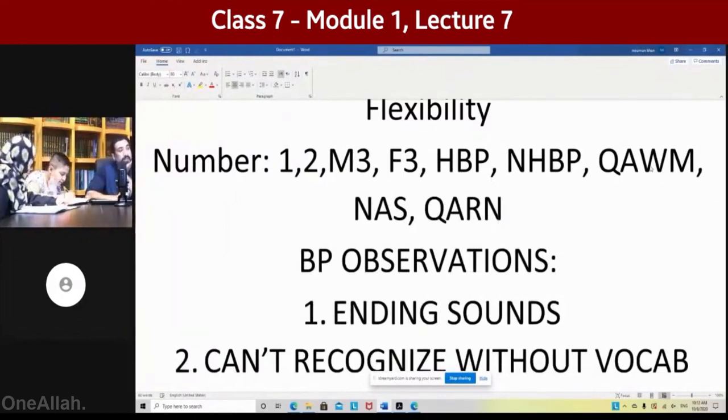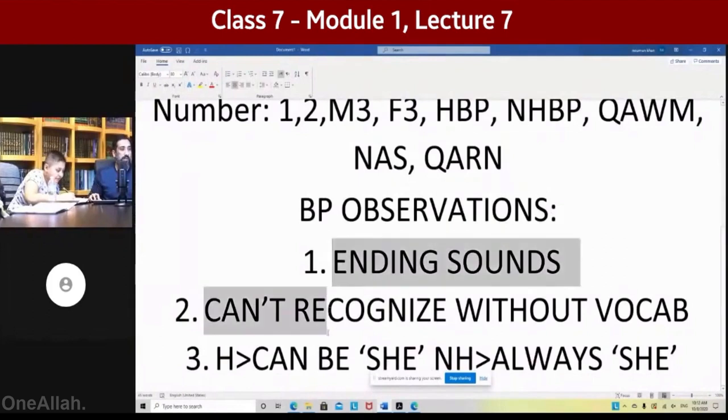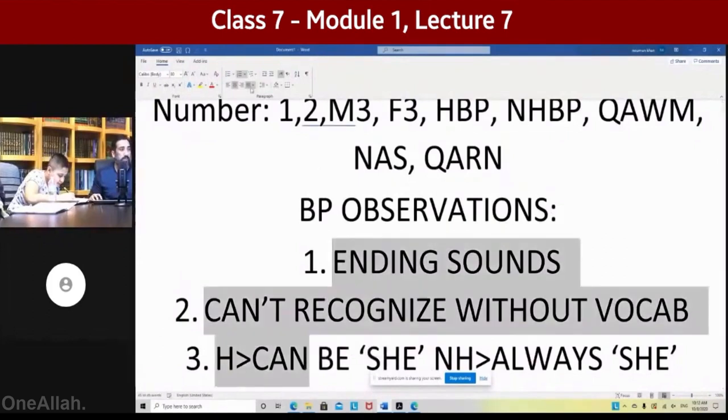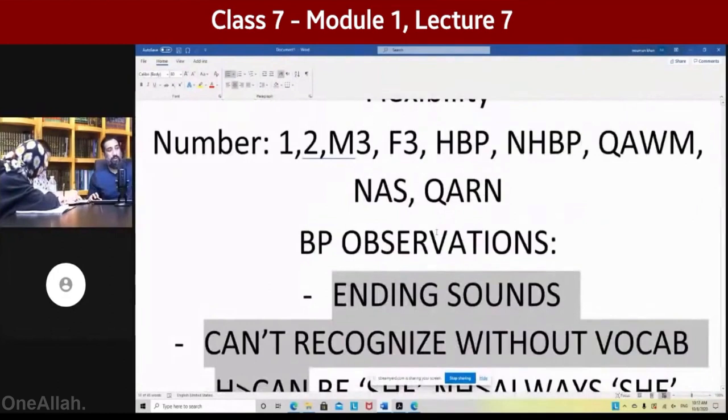That's everything you need to know about number. Instead of writing the broken plural points as 1, 2, 3, you can just write them as A, B, C or bullet points. That'll make the numbering less confusing. So that's your review of status and of number.